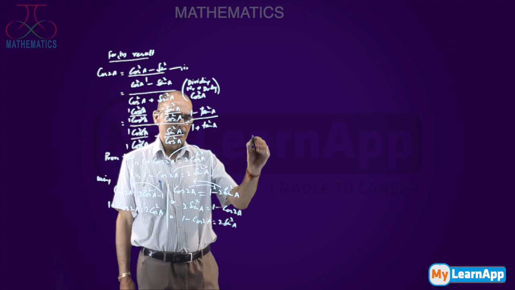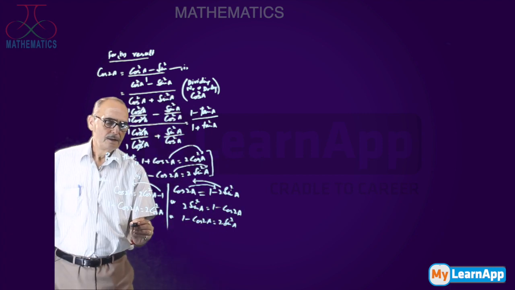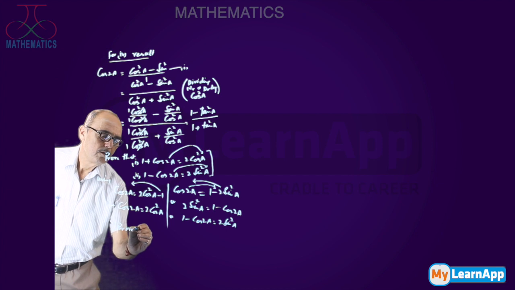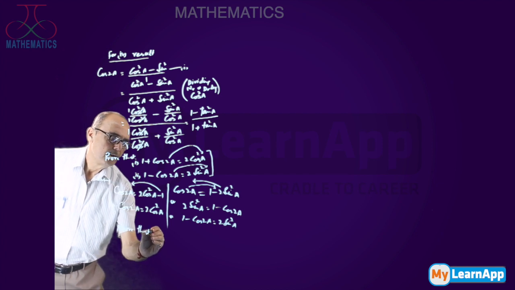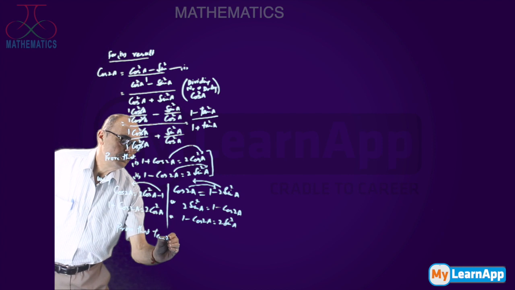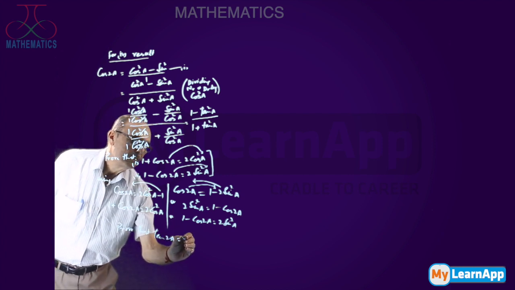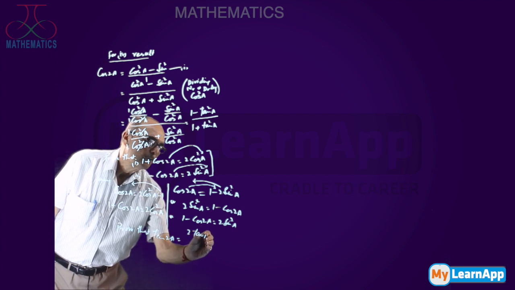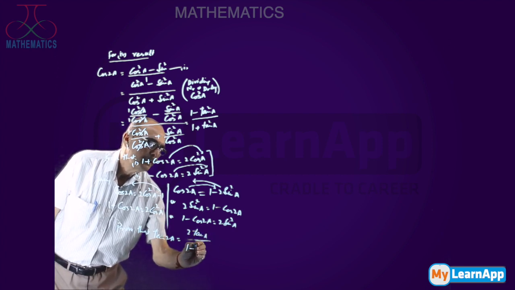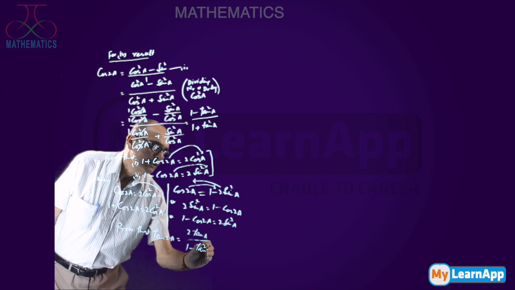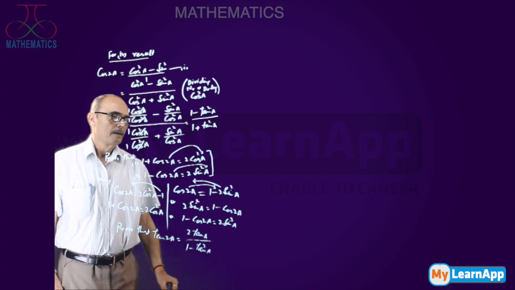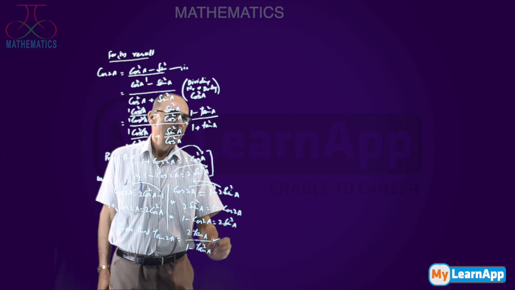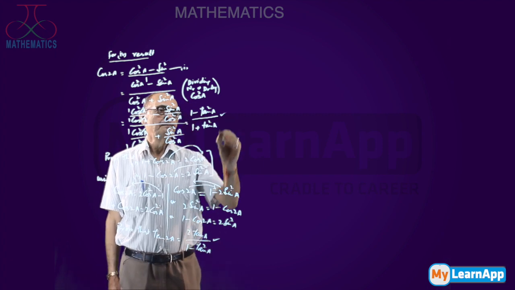Then comes prove that tan of 2A equals 2 tan of A divided by 1 minus tan square A. Before we make use of this formula, compare with this.